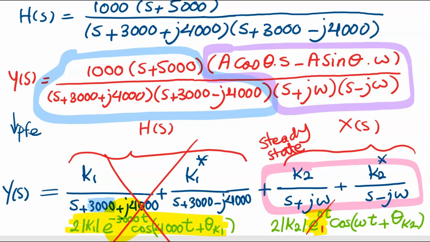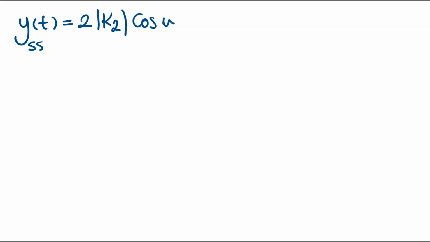What I'm going to do is calculate only K2, and the y(t) that I calculate in this form is the steady-state response, and that is equal to 2 times the magnitude of K2 multiplied by cosine of (omega t plus angle of K2). Now the question is, what is this K2?